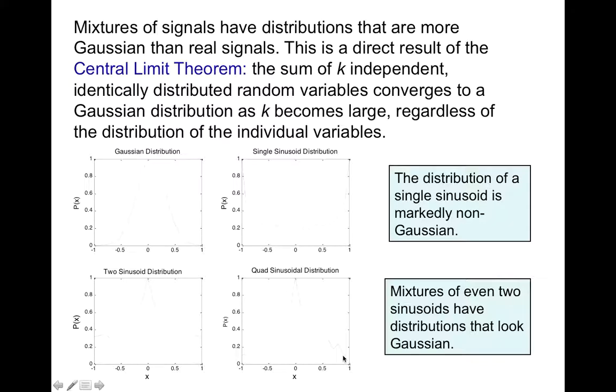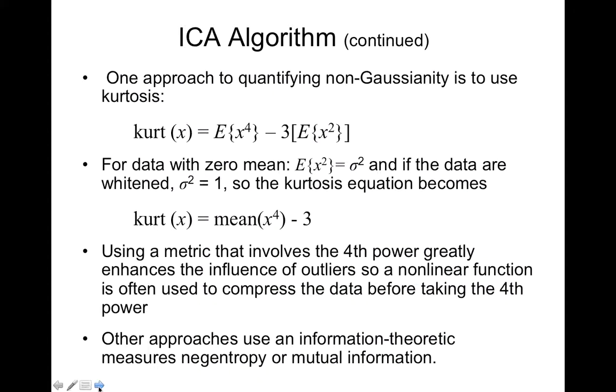So we would expect our data sets, since they're mixed, to have a more Gaussian distribution than the latent variables hidden within. One approach to determining how Gaussian a signal is, is to use a variable known as kurtosis. Kurtosis gives you an indication of how close the shape of the distribution function of your data set is to Gaussian.